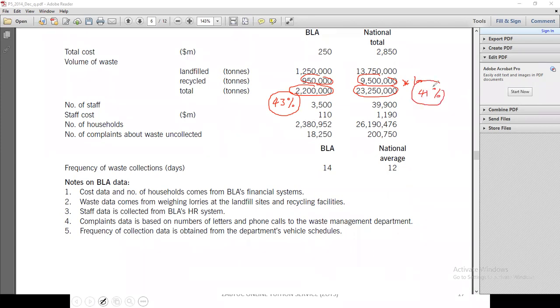So we have beaten the target that has been set of 40%. So this was the target that was set. So both the company and the national average beats that, although we can see that BLA is doing much better. Our local authority, BLA, is doing even much better compared to the national statistic.